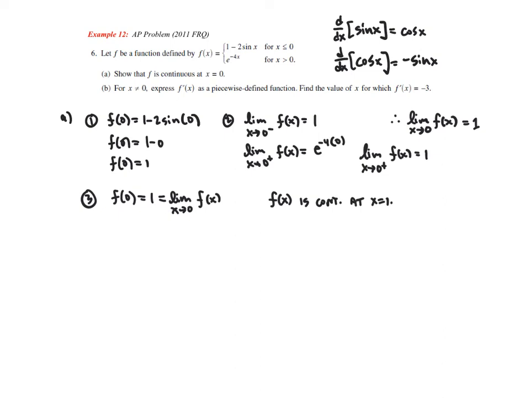Okay, let's look at part B. Part B says, for x not equal to 0, express f prime as a piecewise defined function. So f prime of x will be equal to the derivative of each of the two parts. The derivative of 1 is 0, and the derivative of negative 2 times sine x is negative 2 cosine x.